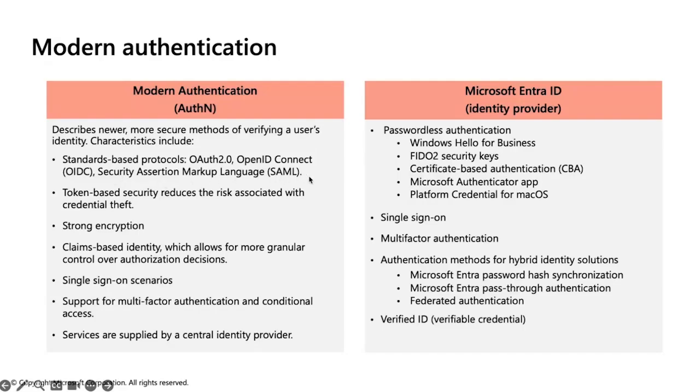These are the standard protocols that we use for authentication activities. We have a token-based mechanism and strong encryption. We have single sign-on available by default, multifactor authentication, and conditional access. We have all these things in modern authentication.